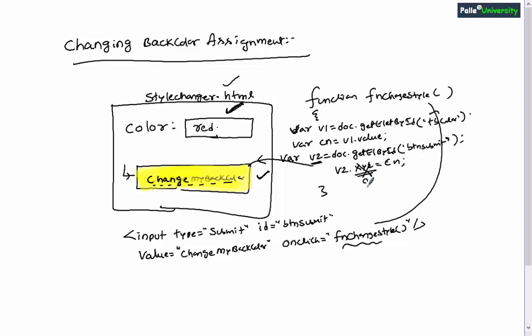Now your task is to identify which property is suitable for changing the background color of the button control. The question here is, how will you identify this property name? In case you know that xyz is the property name useful for changing the background color, obviously we will assign a new color name into that xyz property.